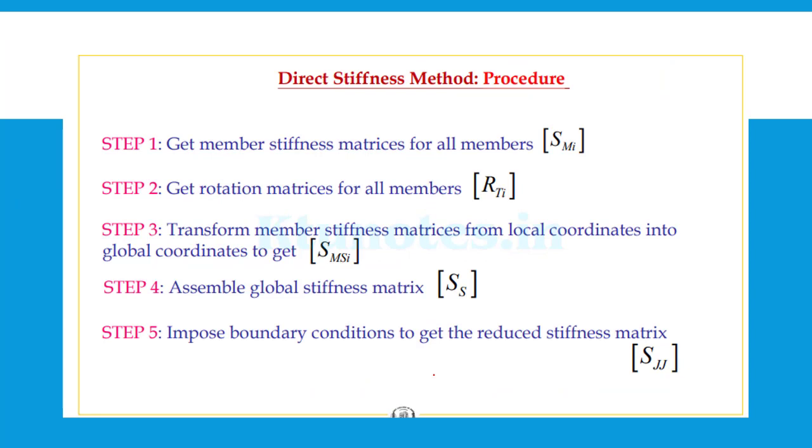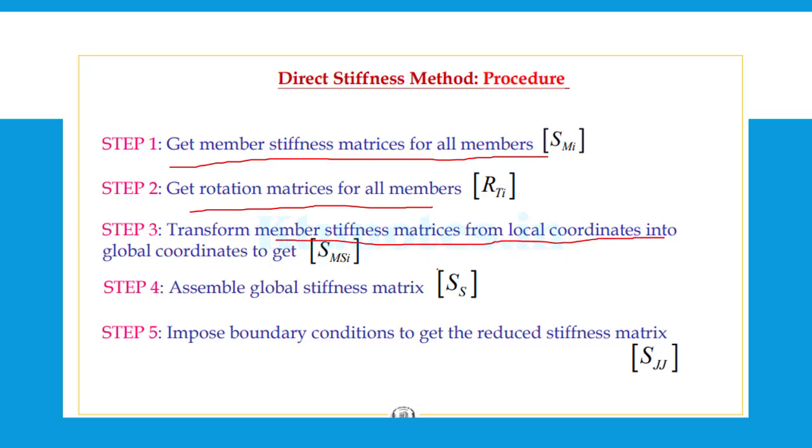So to recollect the direct stiffness method procedure, the first step is to get the member stiffness matrix for all the members. So you should get the individual element stiffness matrix for all the individual members, then get the rotation matrix for all the members, then transform the member stiffness matrix from the local coordinate into the global coordinate, which is SMSI structure.